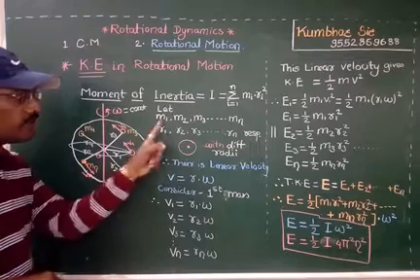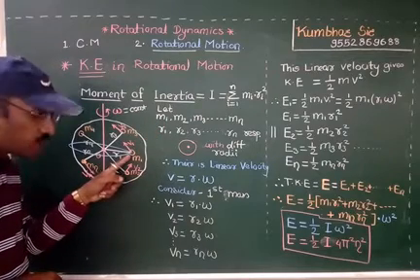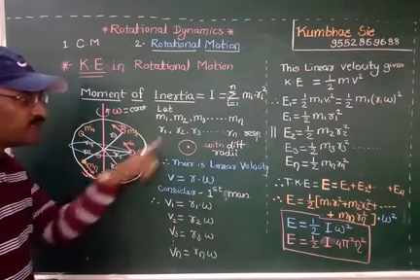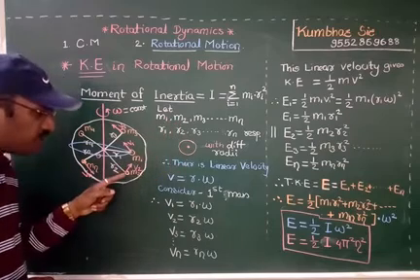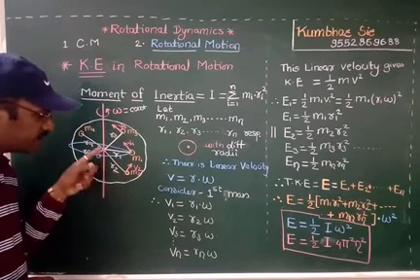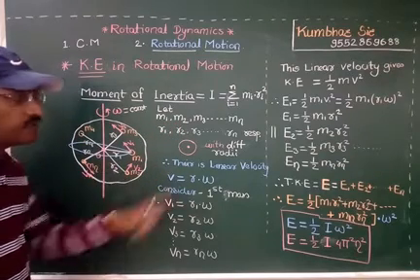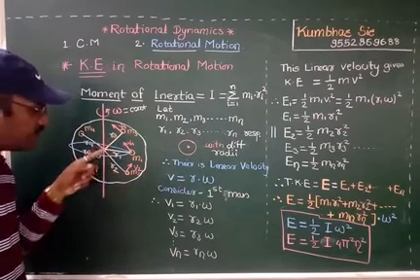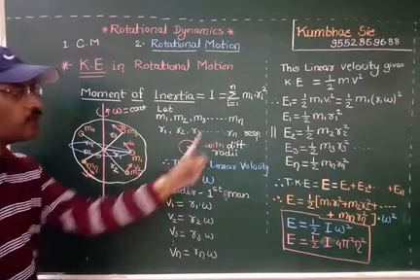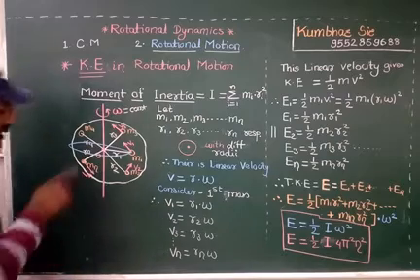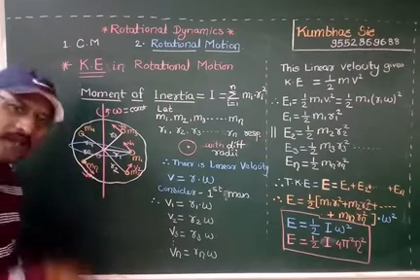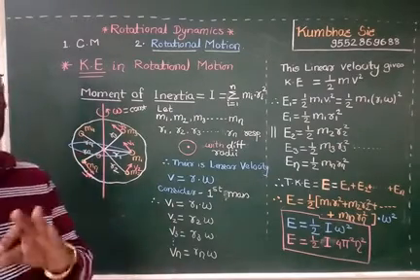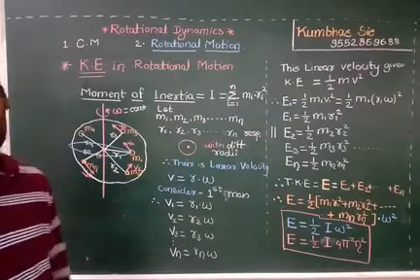Let m1 be the mass of the first particle, situated at a distance r1. Similarly, m2 is the mass of the second particle, situated at a distance r2. m3 is the mass of the third particle, situated at a distance r3, and so on. mn is the mass of the nth particle, situated at a distance rn from the axis of rotation respectively.